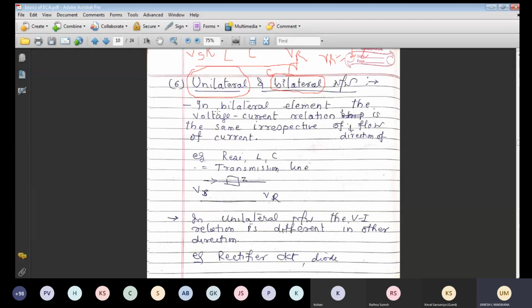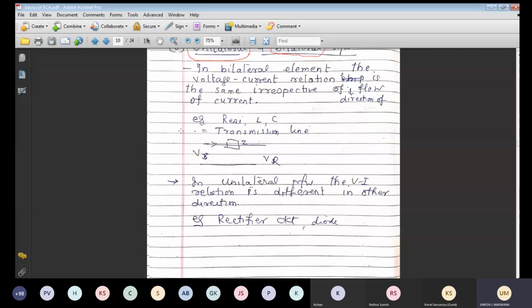I'm just giving two examples. One example is the transmission line that I already gave. This is the sending end voltage, this is the receiving end voltage, and this is the impedance. Now if we apply voltage from this side, we will get voltage at this side. Now I'm reversing this, giving the voltage on this side and getting the voltage here.